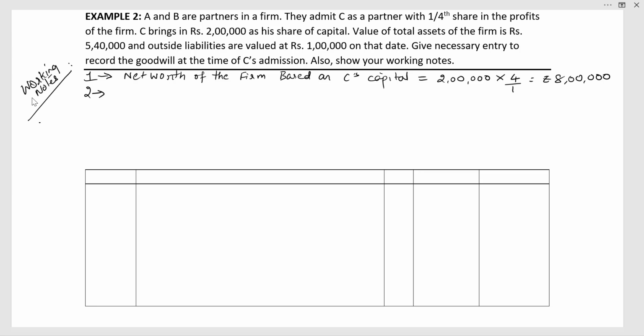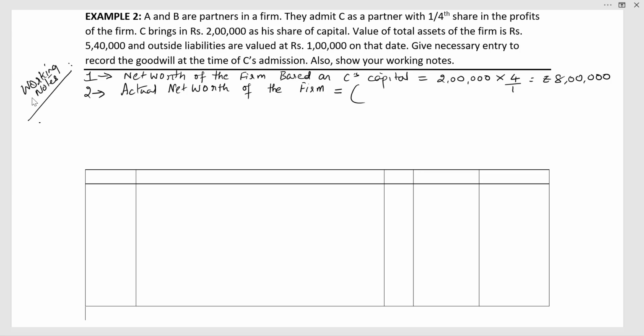Step 2. Actual net worth of the firm. We need to add the capitals of the existing partners A and B, which is specifically not given, but the value of total assets of the firm and outside liabilities as on the date of C's admission is given.